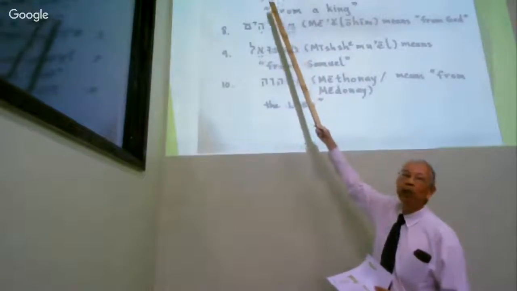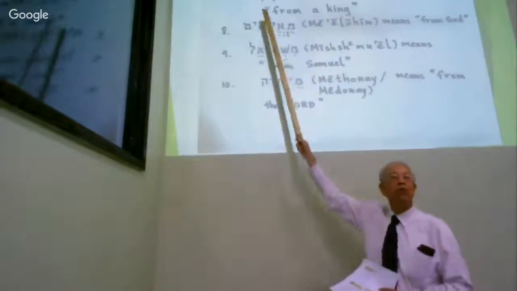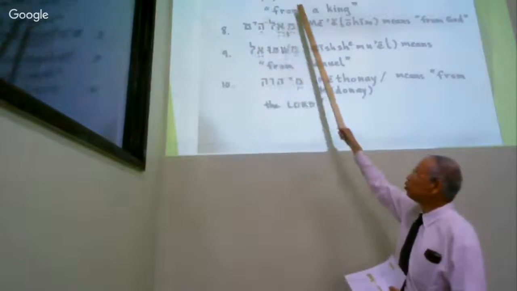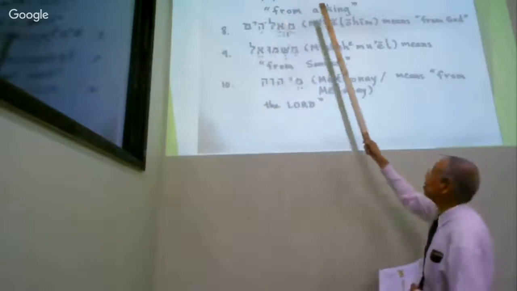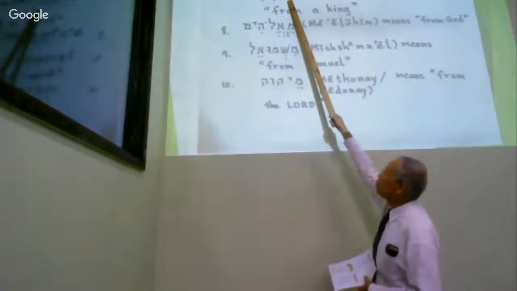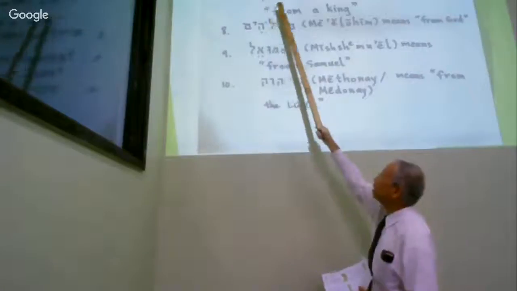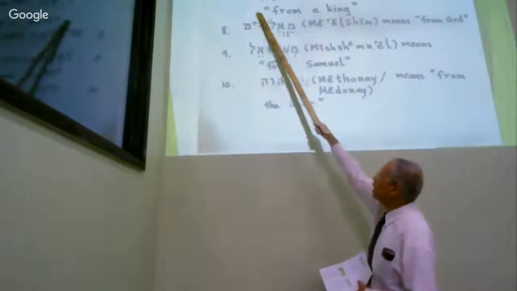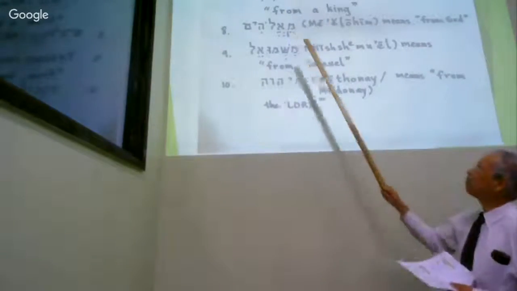So there are two mems there, indicated by dagesh forte compensative in the heart of mem. So you have mim melech, from a king.